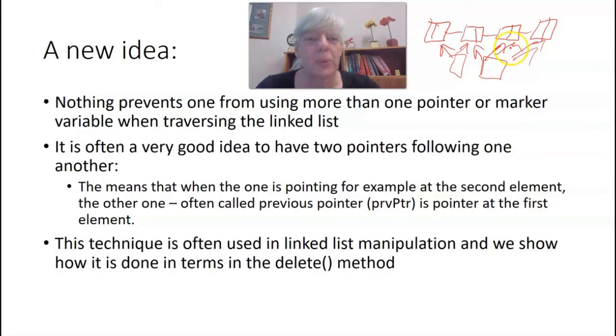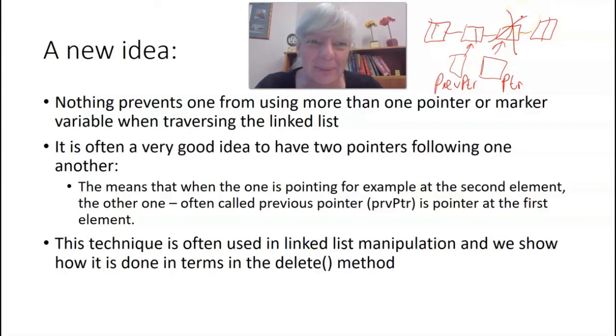But what we normally do is we have two pointers that point to adjacent positions. And we call this one previous pointer and this one pointer. Why do we need this in delete? If that's the one we want to delete, we have to change the next of that element.